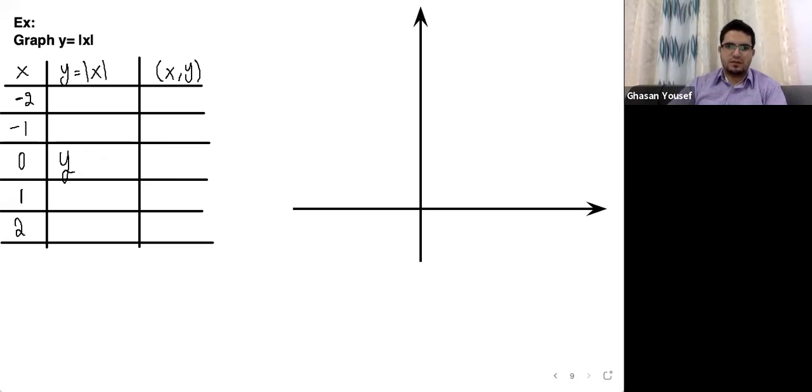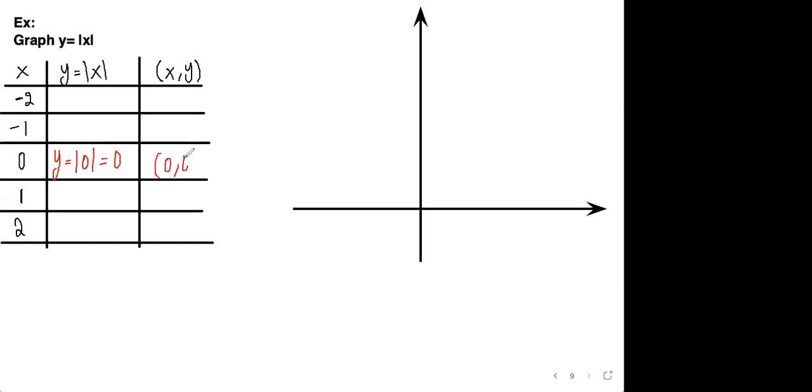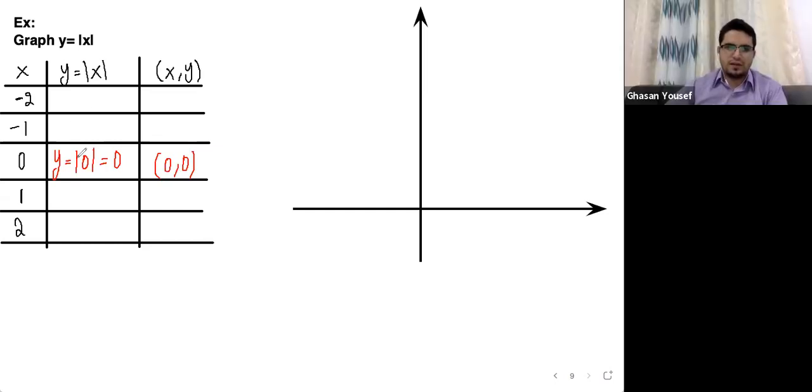It is 1. What's the absolute value of 1? 1, exactly. When I plug in the 1, it's positive already, so they keep it 1. So the ordered pair here is (1, 1).